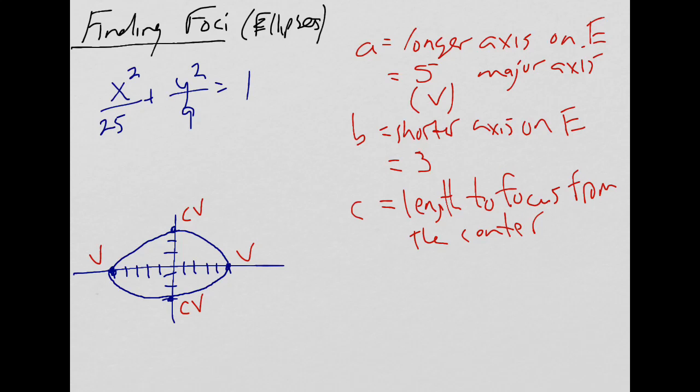There's a nice little formula that relates A, B, and C, and it looks almost just like the Pythagorean theorem. It's c squared equals a squared minus b squared. So it's almost exactly the same as the Pythagorean theorem, except we have a minus sign right here, when we have a plus there.